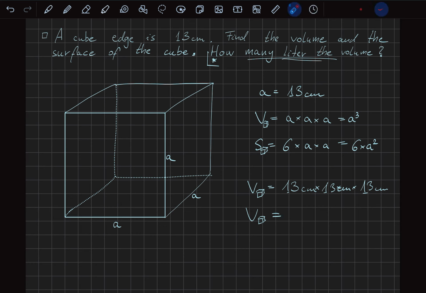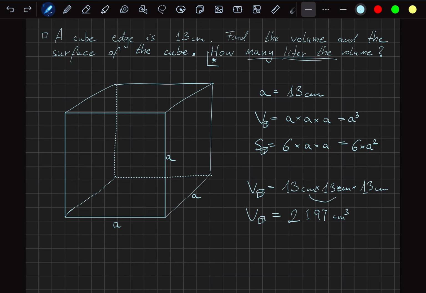I will just write again the volume of the cube equals 13 on the third power, 2197 centimeter cube. Why? Because I multiply the centimeters too.